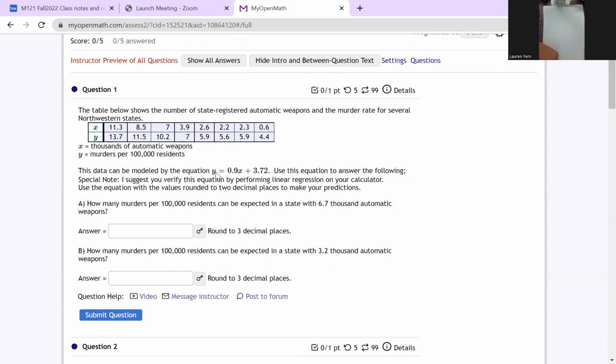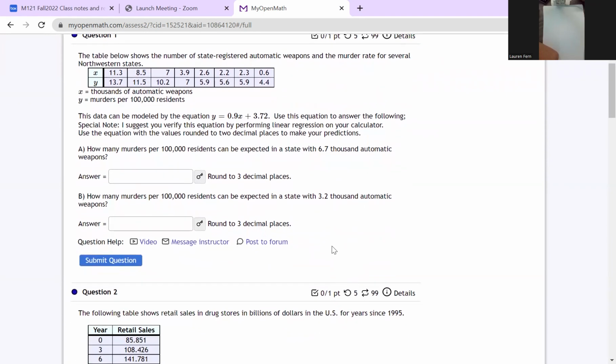In other words, we want to find our Y value, and notice they give us the X value already in the appropriate units. So literally all you would do here is plug in 6.7 in for X and solve for Y, and they say round to 3 decimal places. And notice they also want you to do the same computation when X is equal to 3.2. So all you're doing is playing with the given line.